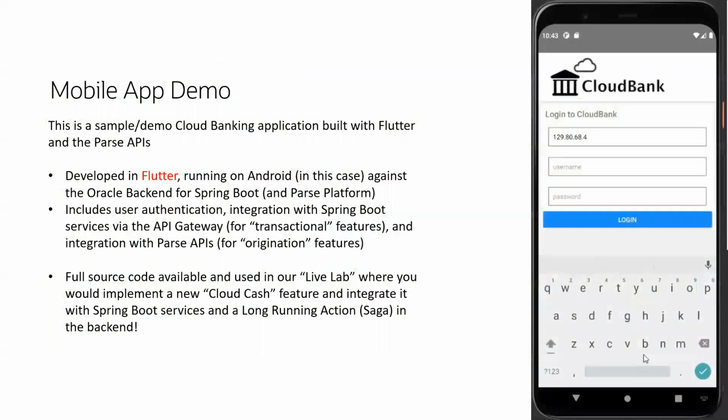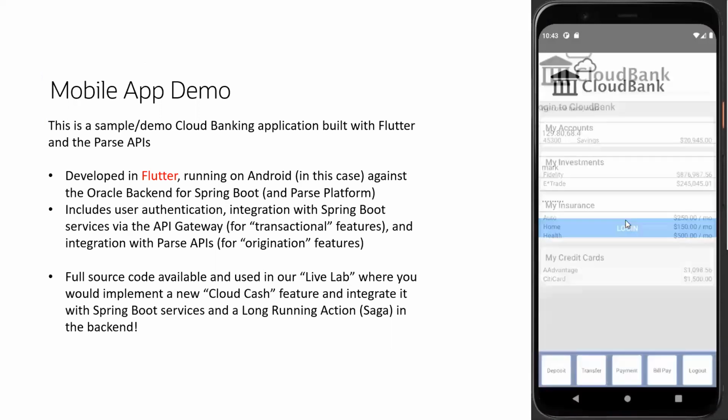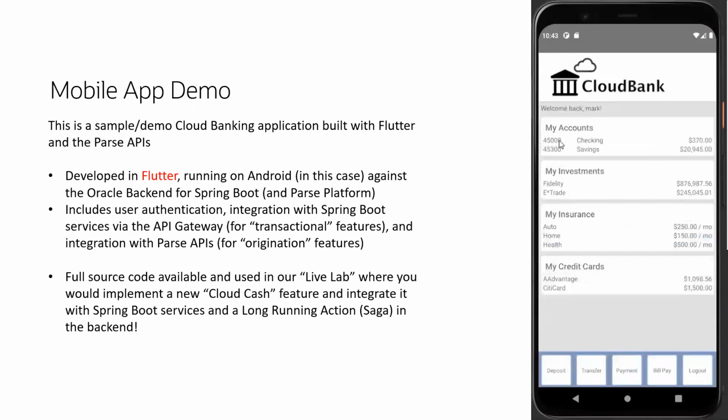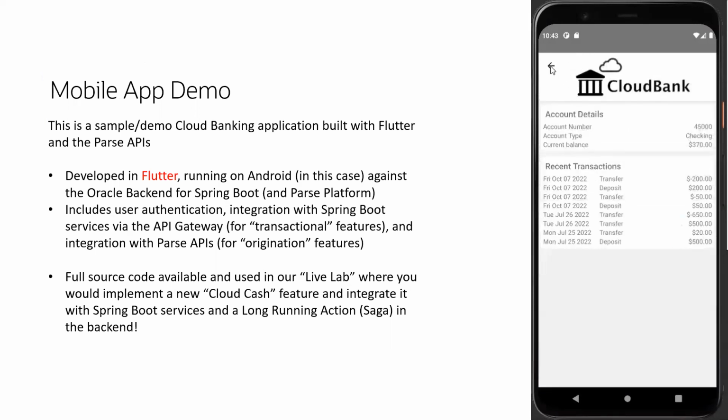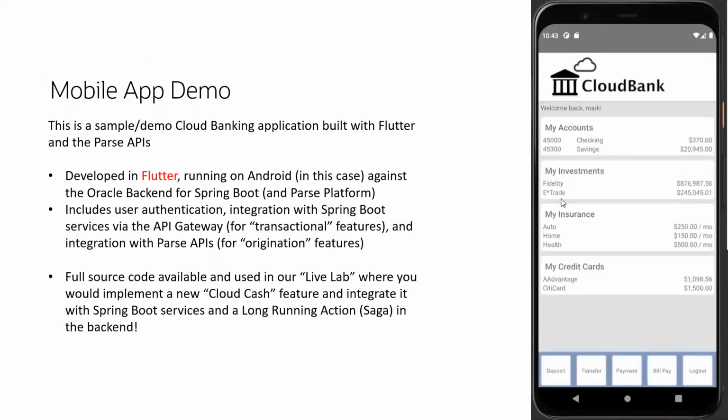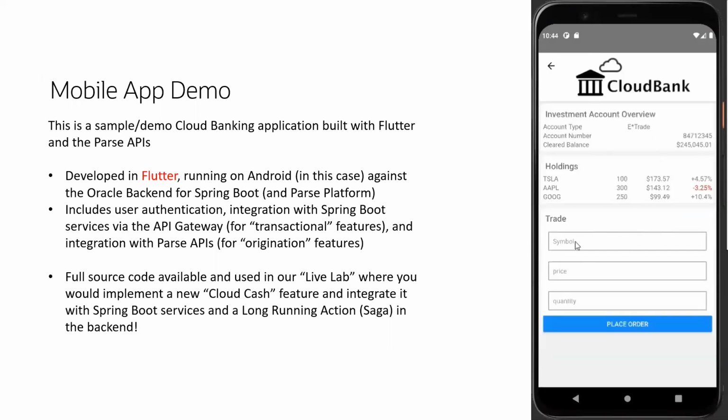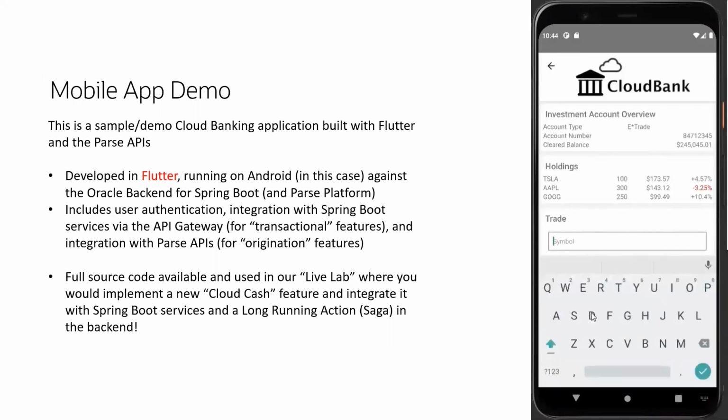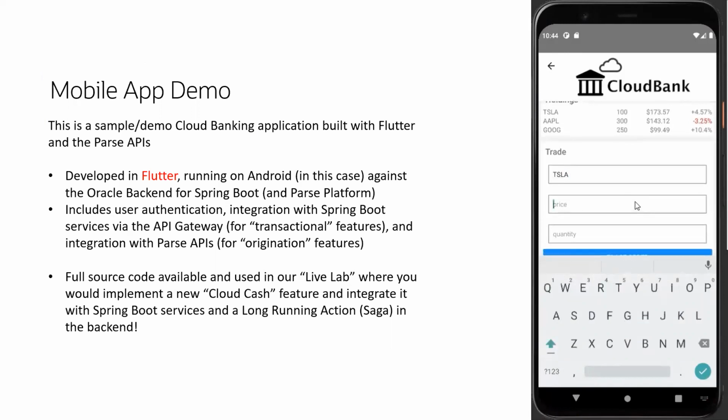Here's another example. This on the right-hand side is our Cloud Bank demo application, which Andy will talk a little bit more about later on. This is written in Flutter, and in this scenario here, it's running on an Android phone or an emulator. So Flutter is interesting because it lets you write applications that will run on any screen from a single code base.